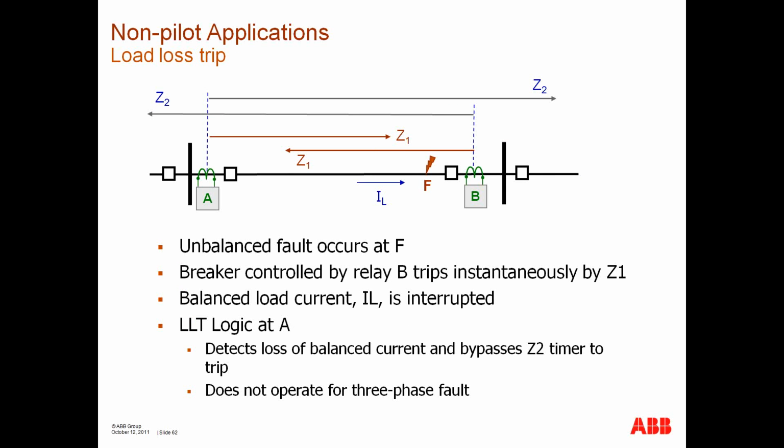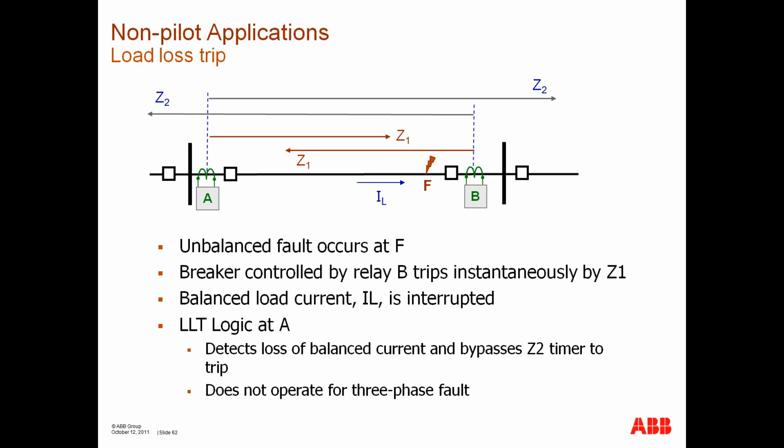Okay, then you have load loss trip, and the idea is along a line like this where you have a fault, and this is a non-pilot scheme. Where you have this fault, this breaker trips fast at B, and the relay at this end senses the loss of the balanced load.